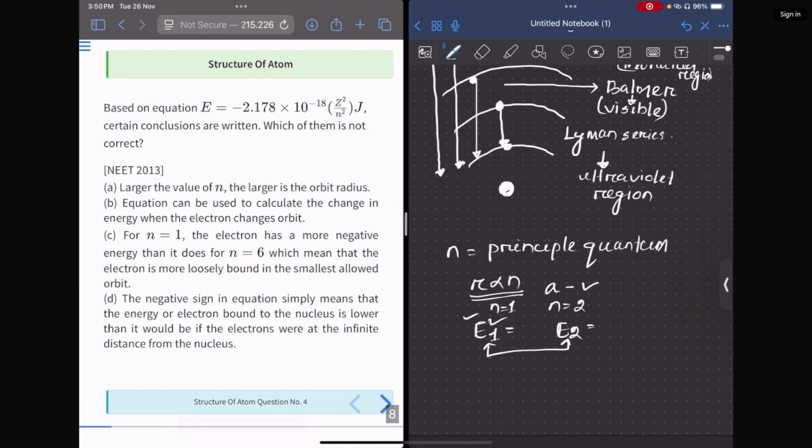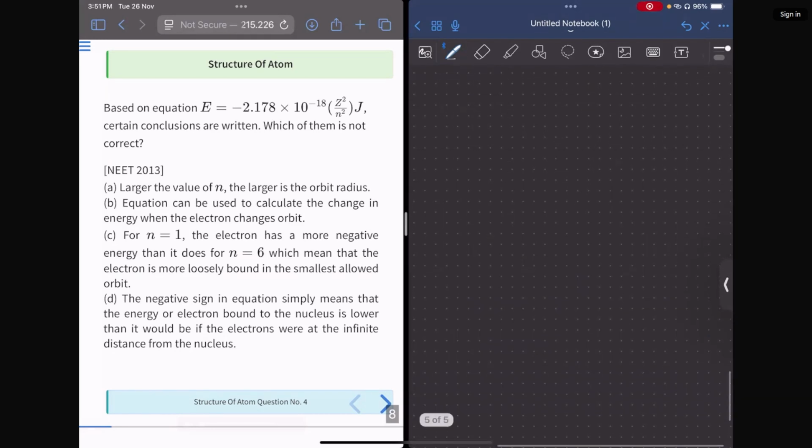Then option C. For n equal to 1, the electron has a more negative energy than it does for n equal to 6, which means that the electron is more loosely bound in the smallest allowed orbit. Let's find out: E equals minus 2.178 times 10 to the minus 18 Z square.